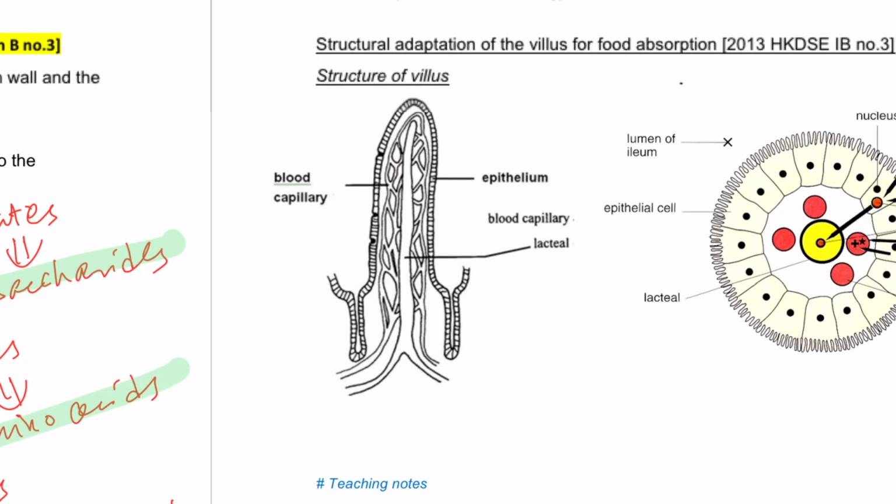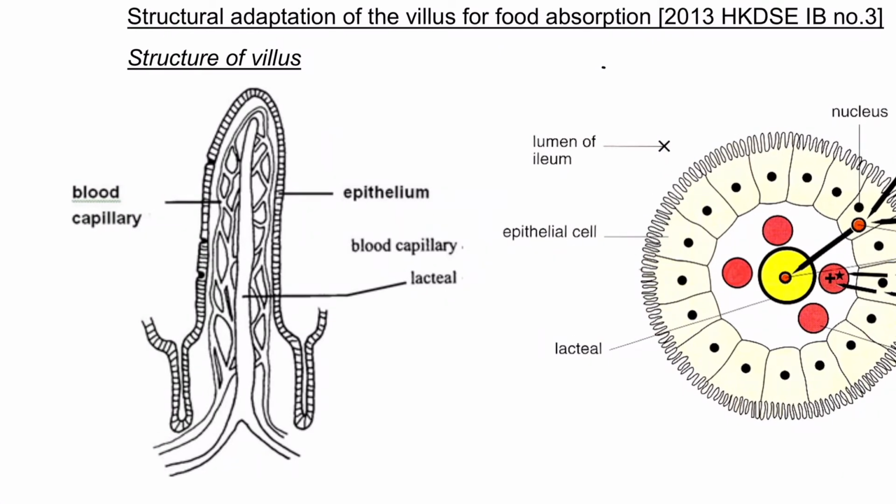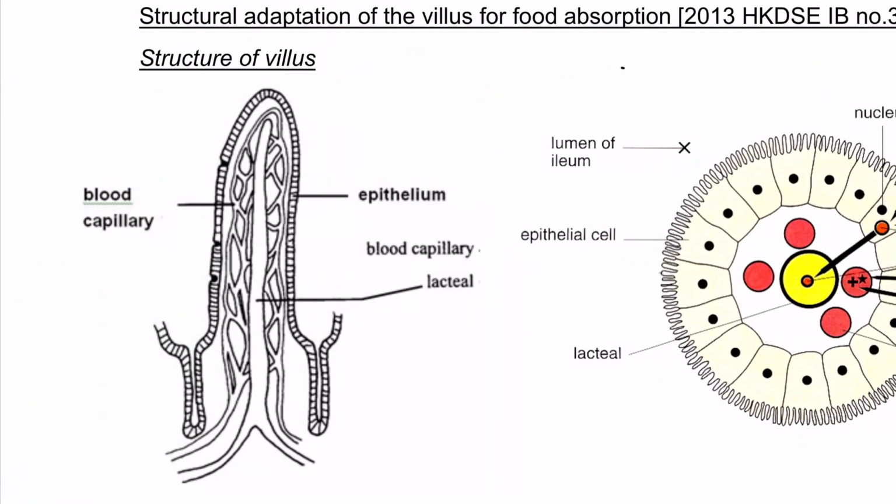Now please turn to page 15. Now we'll have a closer look at the structure of the villus. For each villus, you can see there is an outermost layer which is made up of a very thin layer of cells. This thin layer of cells is known as the epithelium, and this whole layer is made up of individual cells known as epithelial cells.